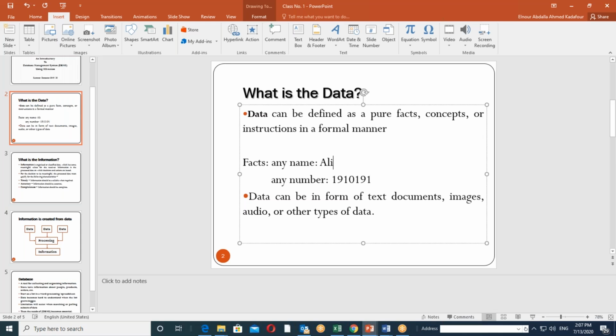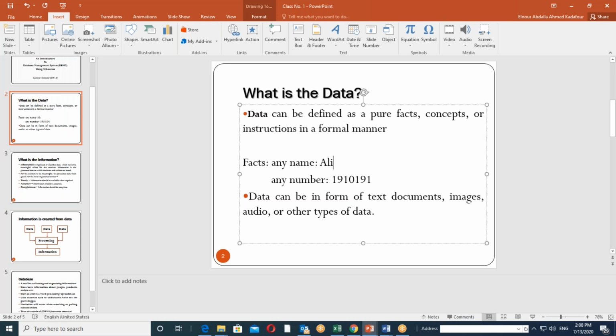You cannot guess unless I am pointing to this window or this door. Then the instruction becomes clear to me. So this is the point, please: pure fact, pure concept, and instructions in a formal manner. This we call data. Keep in your mind, data cannot give you a full meaning by itself.